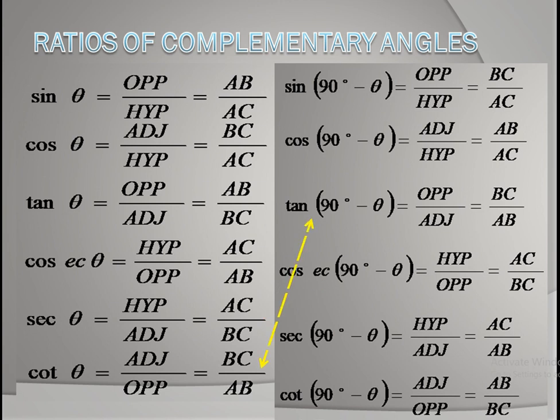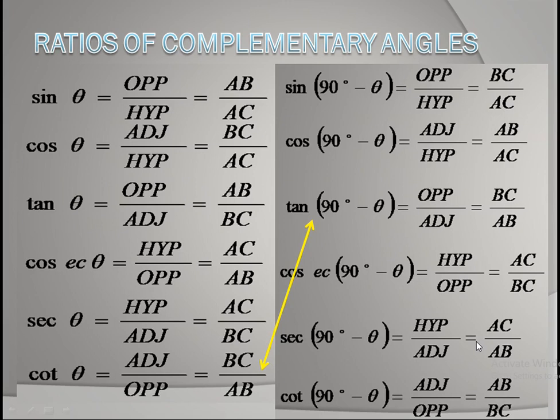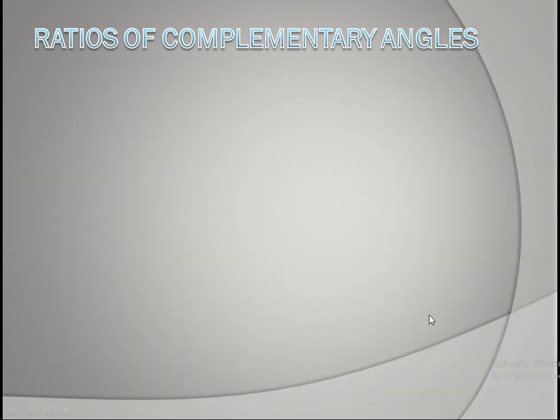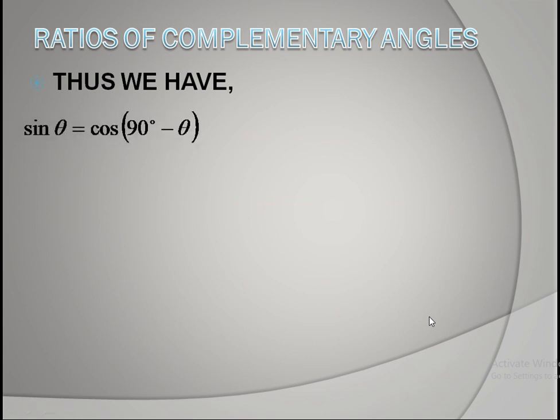Next, cot theta is equal to BC by AB. Also we see tan(90 degree minus theta) is equal to BC by AB. That means cot theta will be equal to tan(90 degree minus theta). Thus we have sin theta is equal to cos(90 degree minus theta).